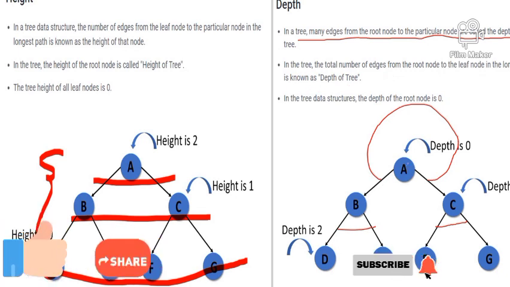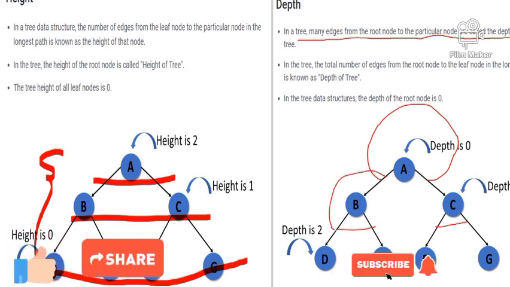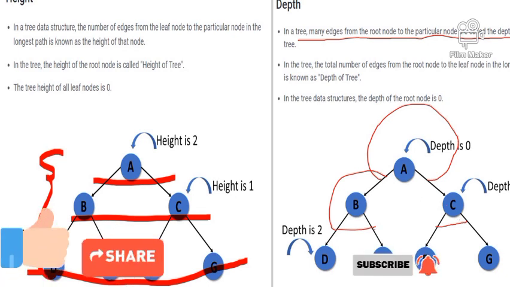Now I want to calculate the depth of A. Depth of A means how many it has? 1 as well as 2. And depth of B, here only 1, so the depth of B is 1. Depth of D means 0.